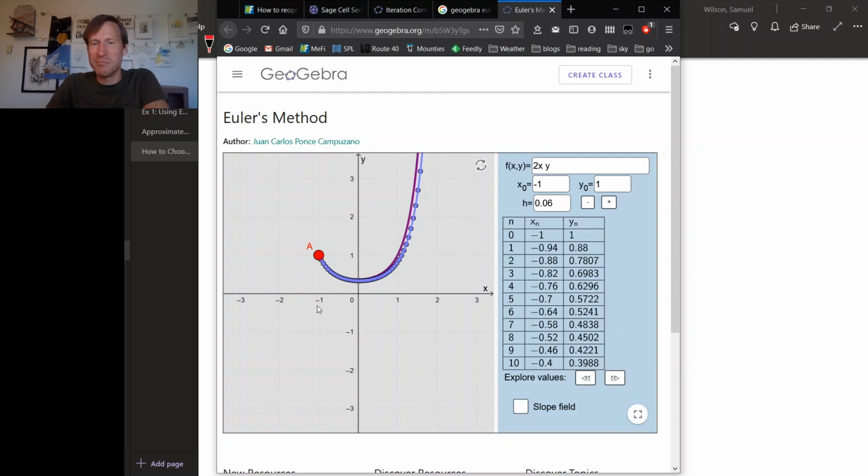So to get from -1 to +1, with your step size being so small, on the order of a few hundredths, you have to take many, many steps to get from -1 to 1, and that's why there are so many blue dots along this. If we decrease the step size even more, you get a lot more dots. So many, in fact, that they all kind of blend together.